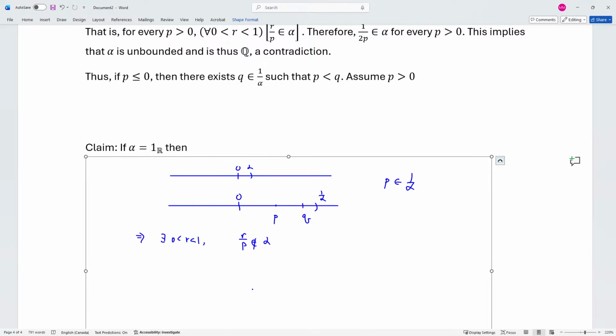So if q is in 1 over alpha, then for some r star in 0 and 1, r star over q cannot be in alpha. Also, p needs to be greater than q.